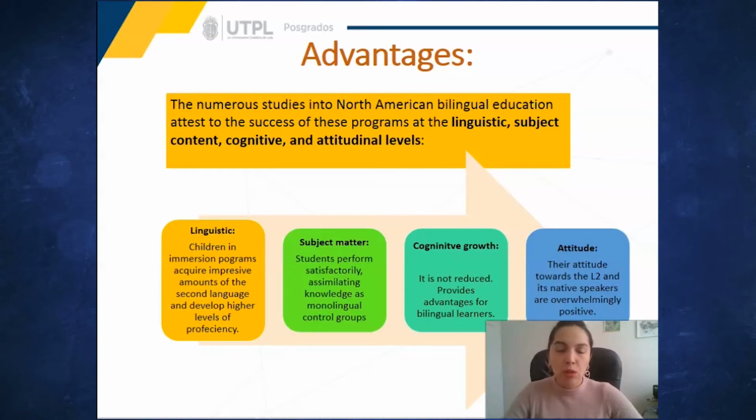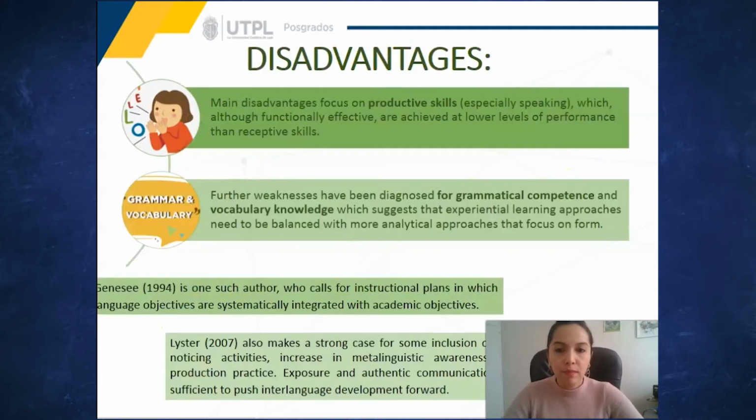The children's cognitive growth is furthermore not reduced, providing cognitive advantages for bilingual learners, and the attitudes they harbor towards the language 2 and its native speakers are highly positive. However, less positive results have surfaced for productive skills, especially speaking skills, which are achieved at lower levels of performance than receptive skills.